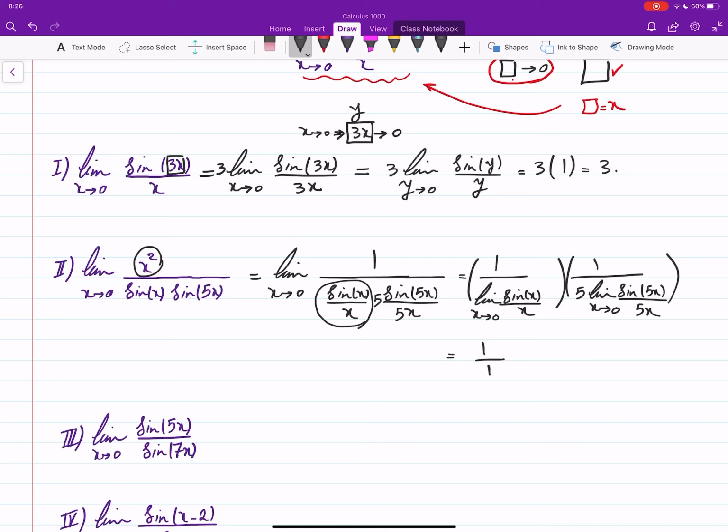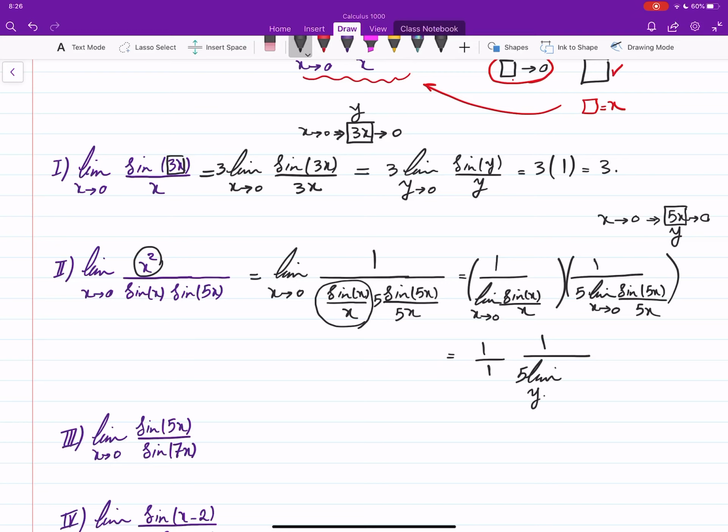The second limit, well, as x approaches 0, we know that 5x also approaches 0, yes? And then I take this and call it y, and put it in the denominator as a whole thing.